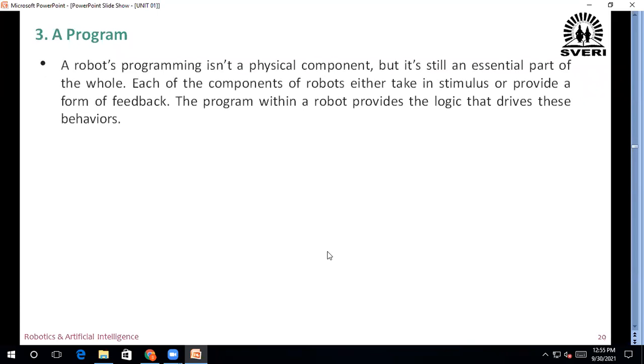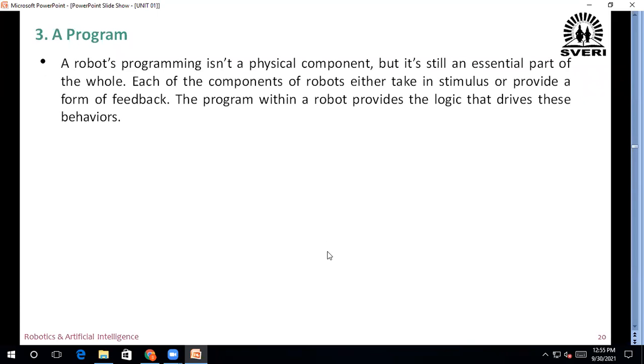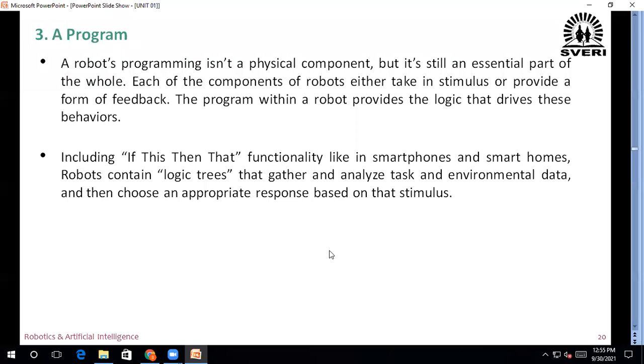A robot's programming isn't a physical component, but it's still an essential part of the whole. Each of the components of robots either takes stimulus or provides a form of feedback. The program within a robot provides the logic that drives these behaviors, including if-this-then-that functionality like in smartphones and smart homes.